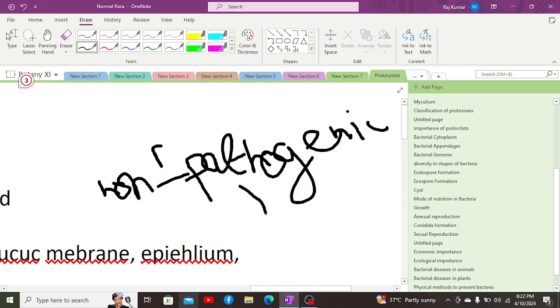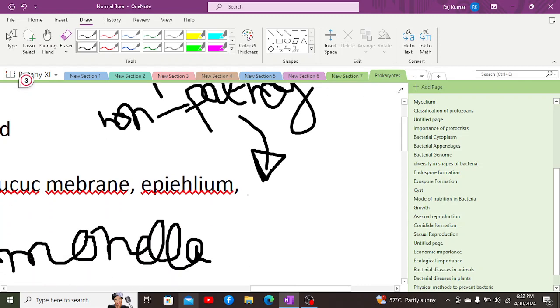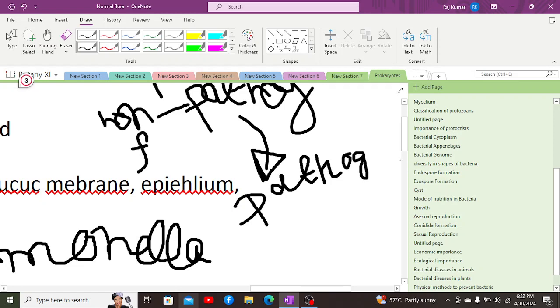When these non-pathogenic bacteria are transferred to another surface tissue of our body at a specific site, they turn into pathogenic bacteria. These non-pathogenic bacteria, after changing their site even in the same individual's body, will turn into pathogenic bacteria, moving from the normal flora of our body to pathogenic bacteria.